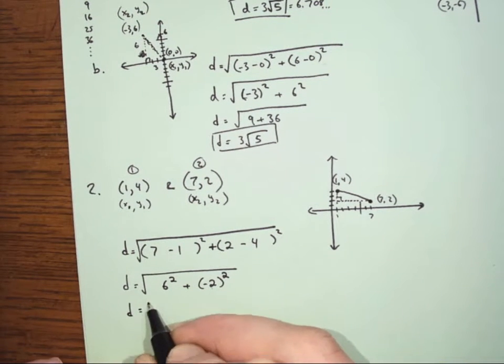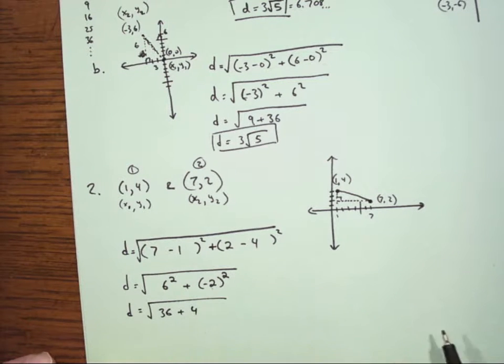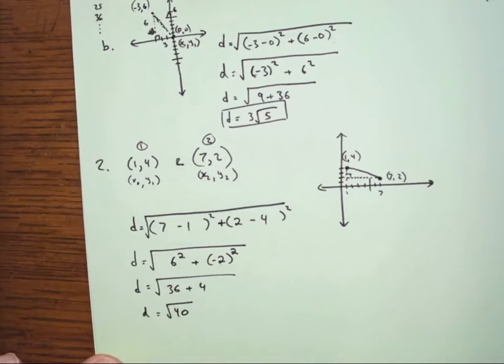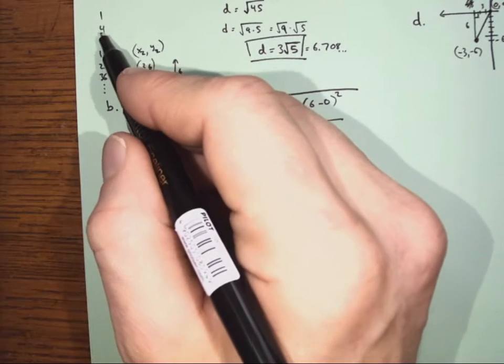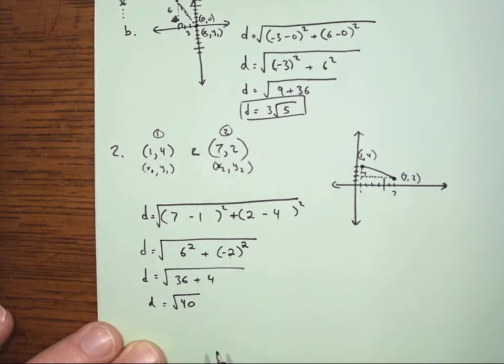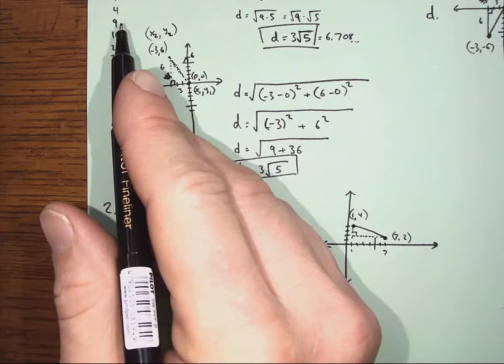All right. Okay, so that's the same thing as saying 36 plus 4, which says I've got a distance of square root of 40. And again, I should probably look at any of my perfect squares that go into the number 40. And the biggest one is the number 4.